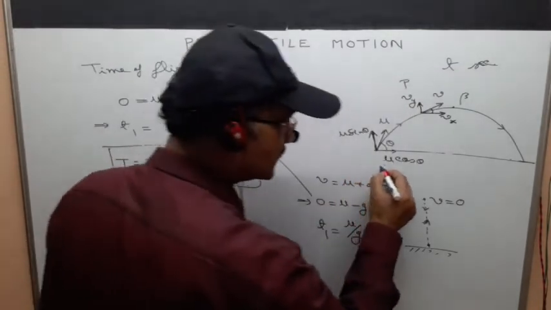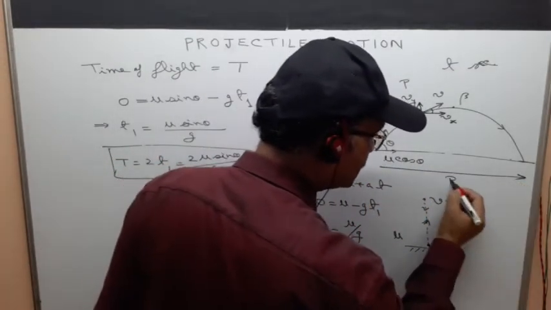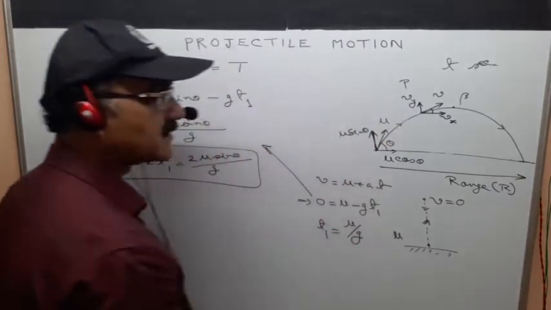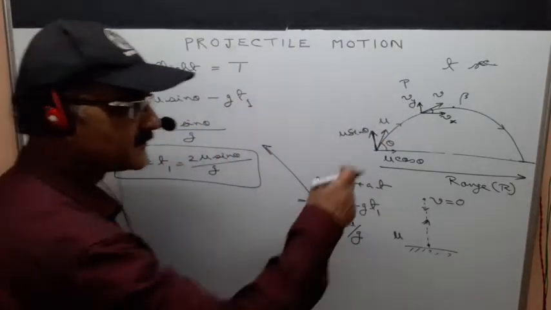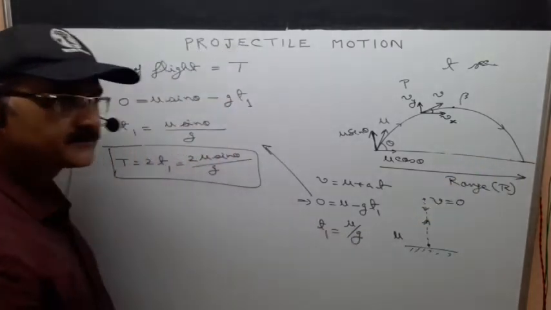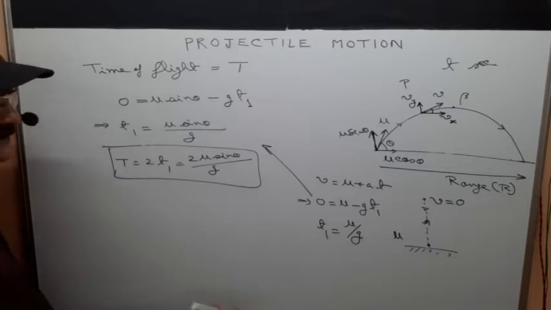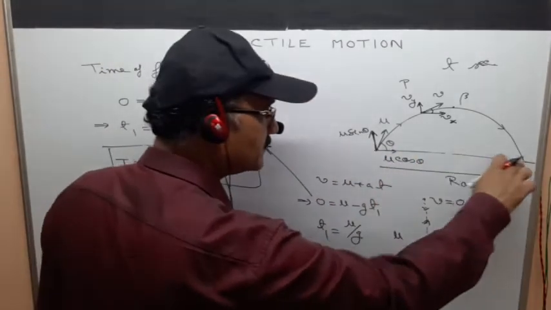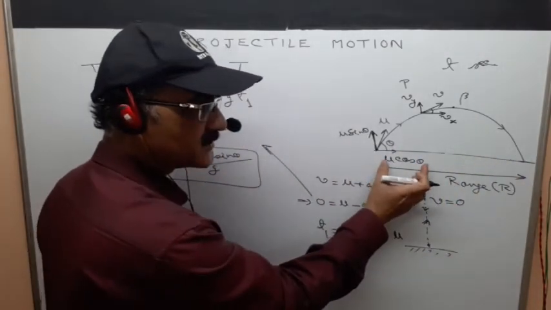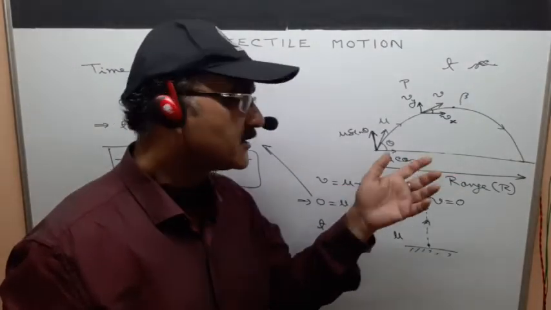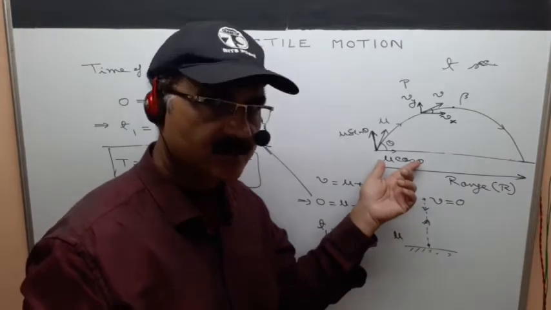Now let's talk about this distance. This is called the range. Usually it is written with R. How far it will go. Now you see, in this direction, the velocity is constant. This we have understood before. The horizontal velocity remains constant, which is u cos theta.